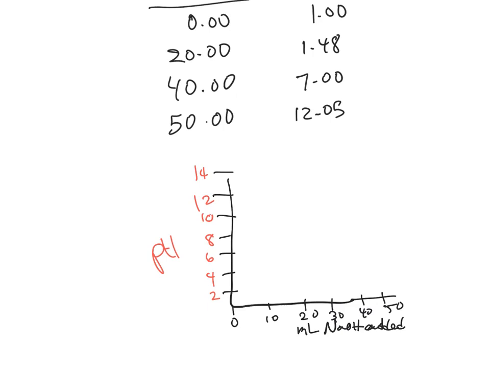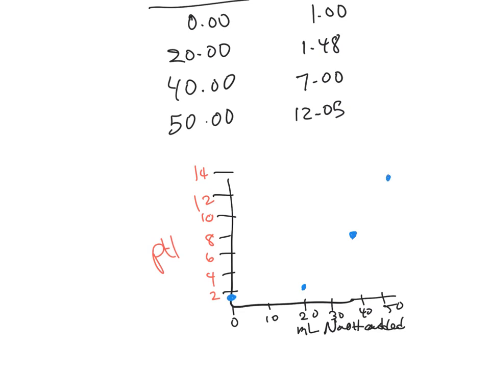At 0 mils, excuse me, the pH is 1. At 20 mils, the pH is 1.48, so really no big change at all. Suddenly at 40 mils, it pops up to 7. And then 50 mils, it's all the way up to 12 something.